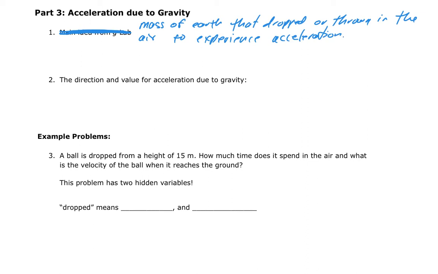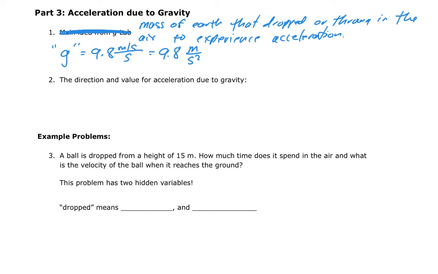So I'm just going to tell you the value of that acceleration. We call the acceleration due to gravity g, lowercase g, it's always lowercase. And g is equal to 9.8 meters per second squared, okay?